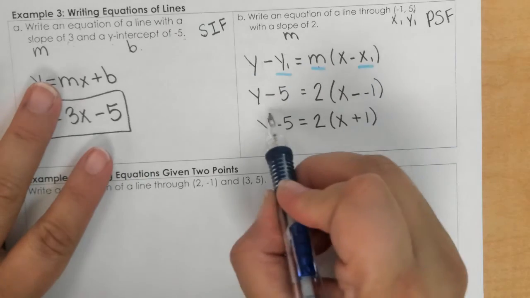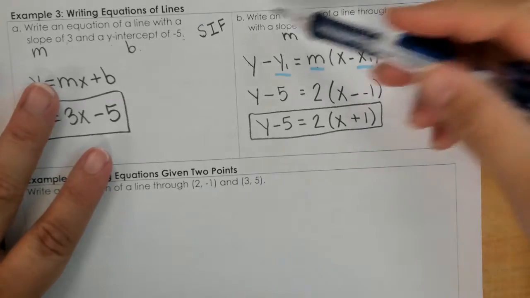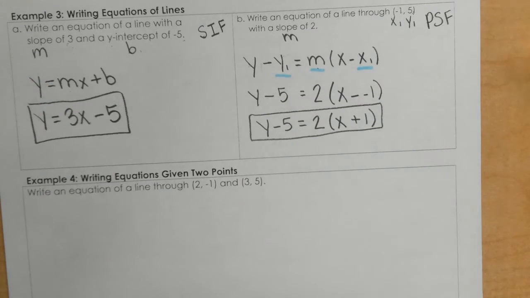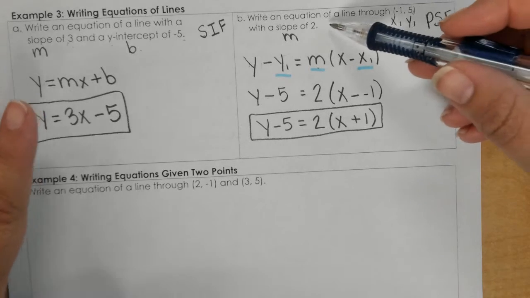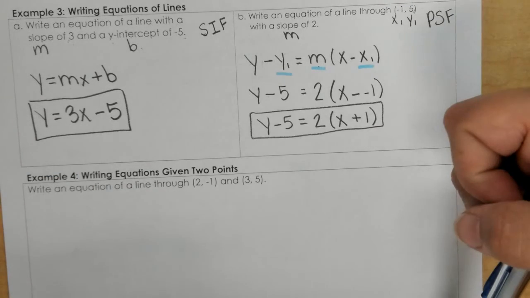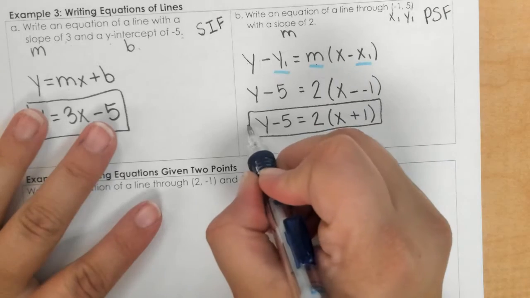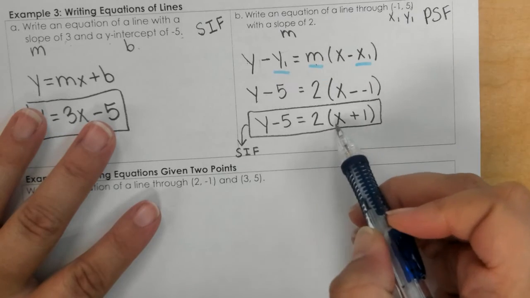So there are two things here. One, you can leave your equation like this, because this problem just says write an equation of a line through this point. That's acceptable. But sometimes the directions will say transform or change your answer to slope-intercept form. So if I was going to go from this to SIF, I need to distribute.